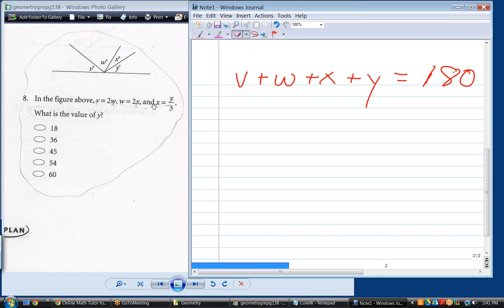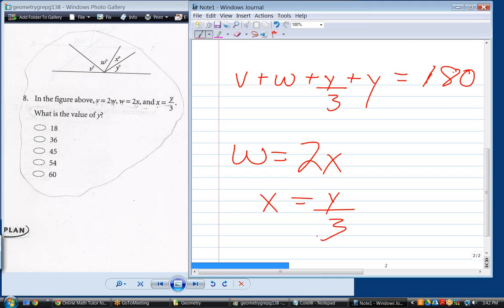But they give us this extra information here. For instance, x equals y over 3. So let's substitute for x. Let's put y over 3. W is equal to 2x. So can I write w in terms of y? If w is equal to 2x and x was equal to y over 3, what is w in terms of y? 2y over 3.